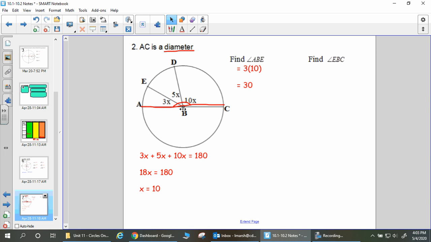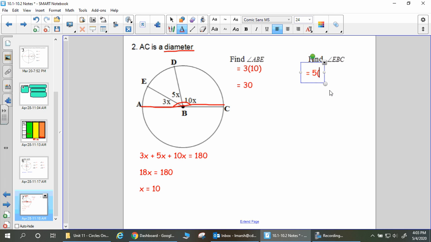EBC is the rest, so 5x and 10x. So you sort of have two options here. First, I could say, okay, well, it's 5 times 10, and it's going to be the 10 times 10, right? It's those two pieces together, 5x and 10x.